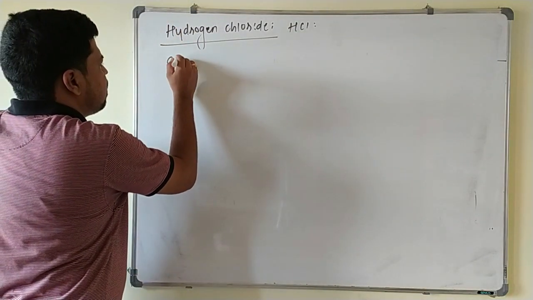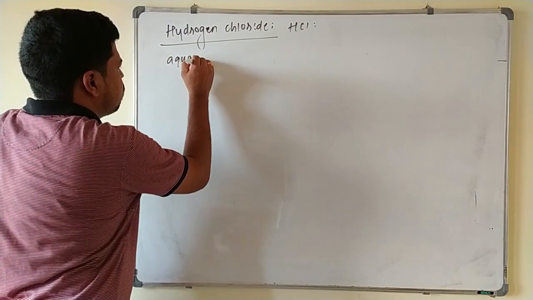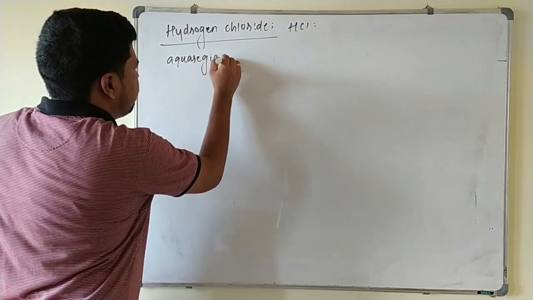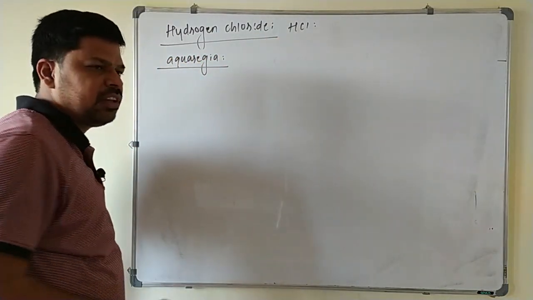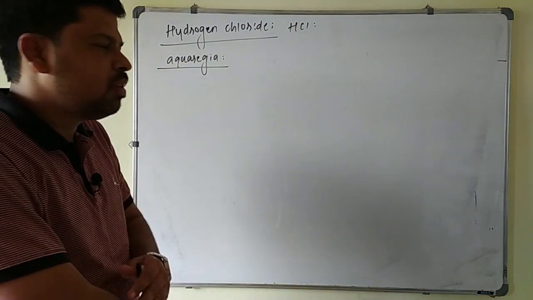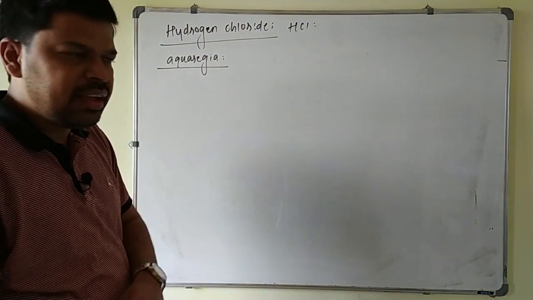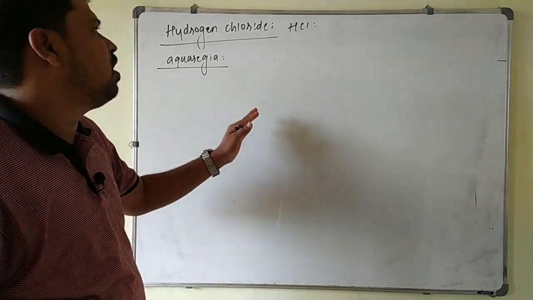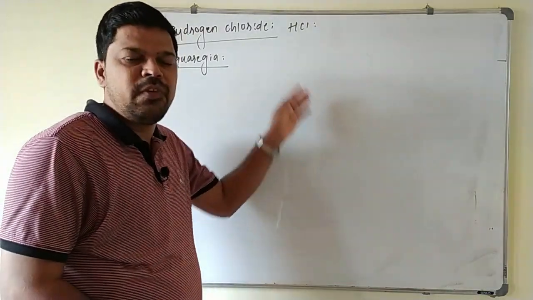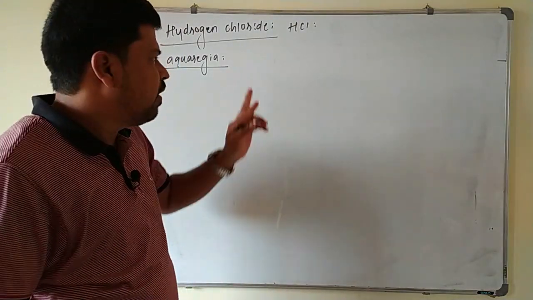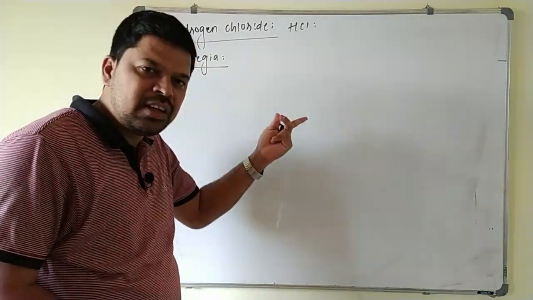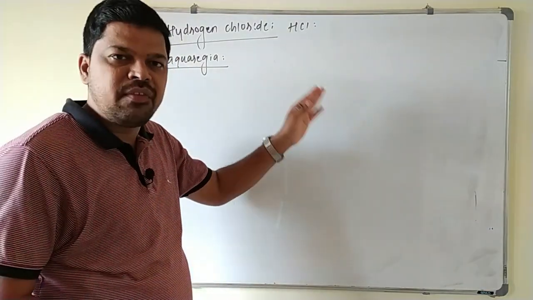So aqua regia, what it forms? It gives a nascent chlorine. Those nascent chlorine will act on the gold and platinum. Hence they are soluble in the aqua regia, but individually they will not react or dissolve with HCl or HNO3. Whenever HCl and HNO3 both are mixed, then there is a formation of aqua regia.